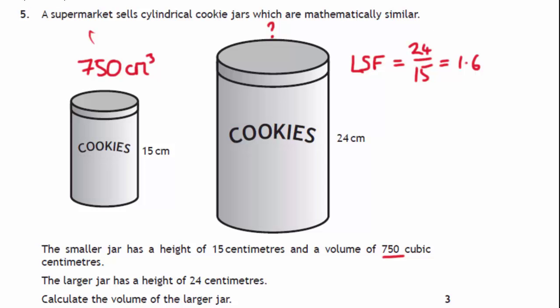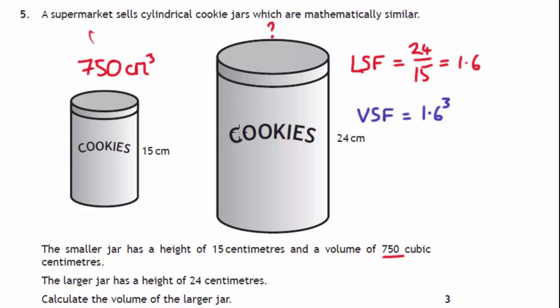Now we use this figure to work out the volume scale factor. All the volume scale factor is, is 1.6, the linear scale factor, but cubed. Now we can work out the size of the big cookie jar.